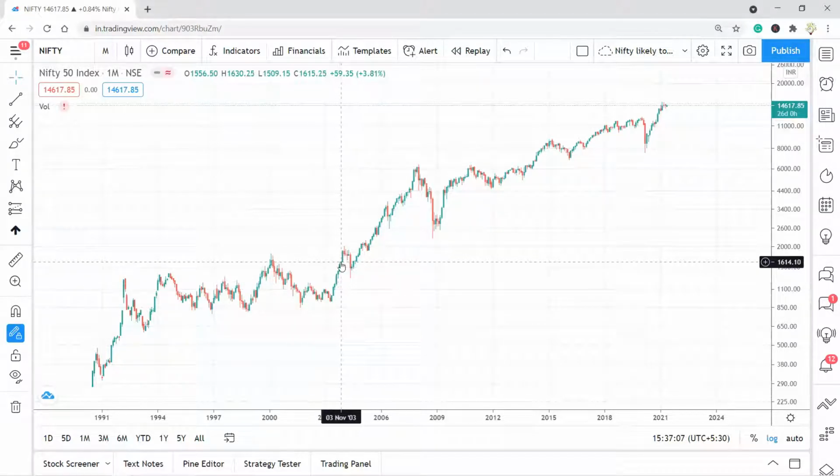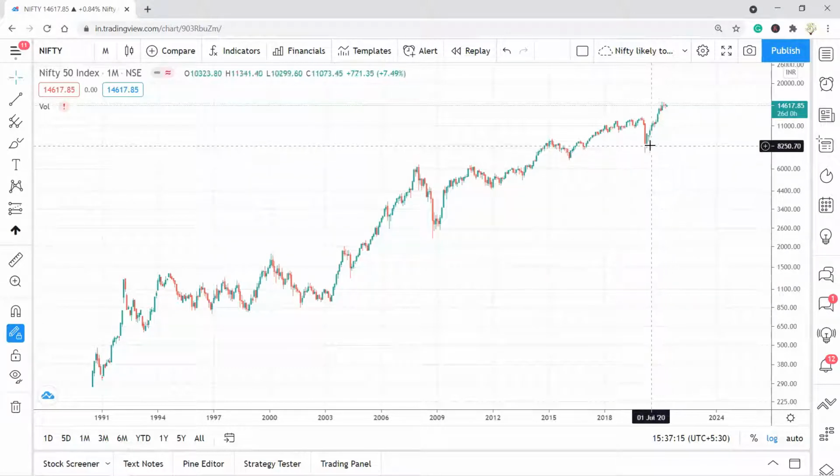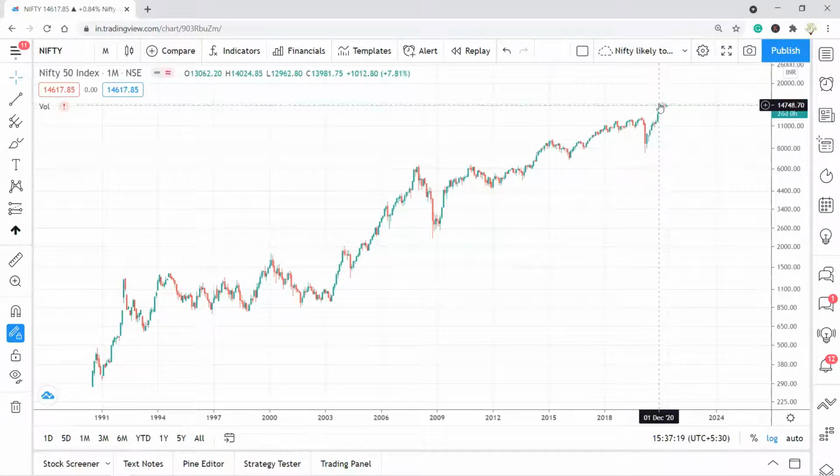So the distance which represents this 100% price move, the same distance will represent a price move from 7,500 to 15,000. It doesn't matter what the absolute price change is.